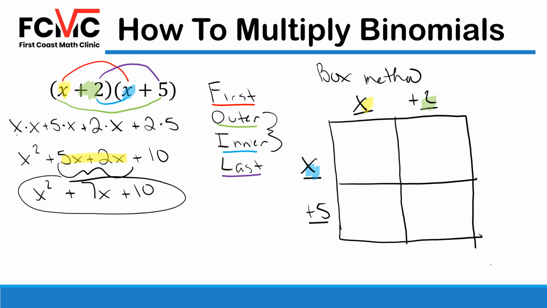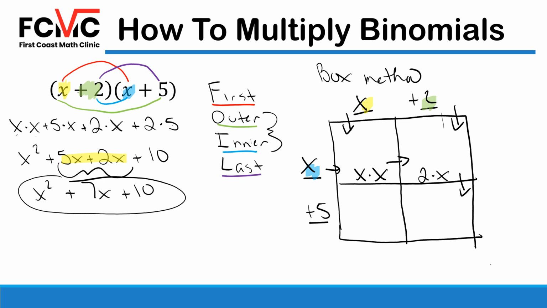So now this just gives us the direction in which we're going to multiply. So I can multiply down and across. So this is going to be x times x, down and across. So I'm multiplying the 2 down and the x across.